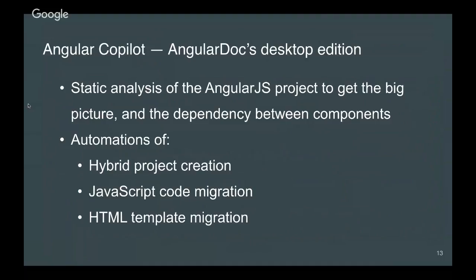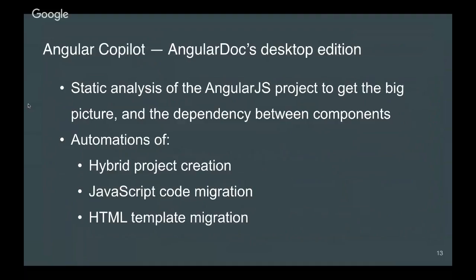So if you want complete privacy of your commercial product, this is the way to go. And then because we have access to your local file system, we can do a lot of code generation for you. That's why we think it could play a big role in the migration world.